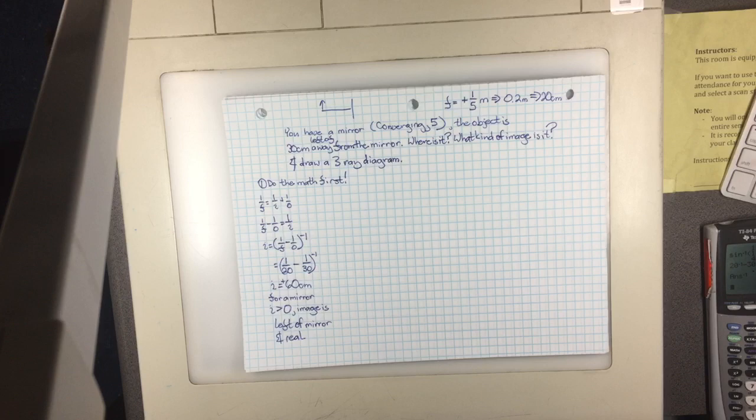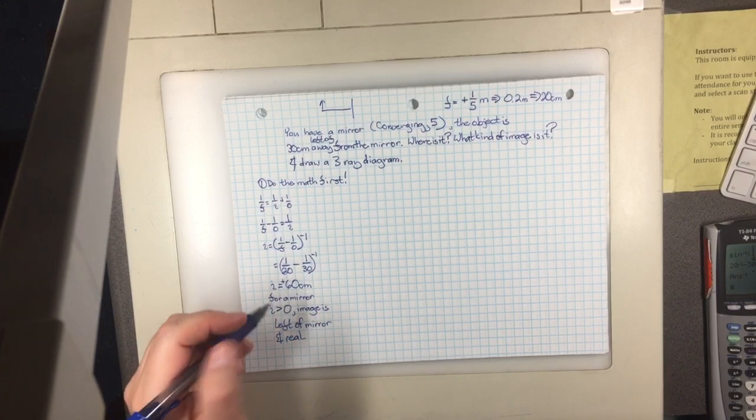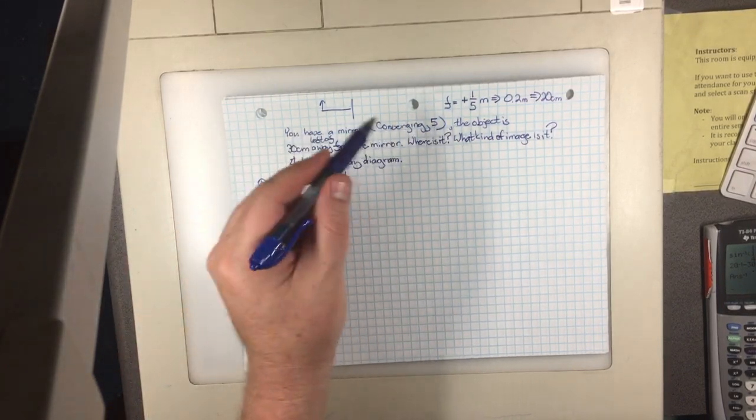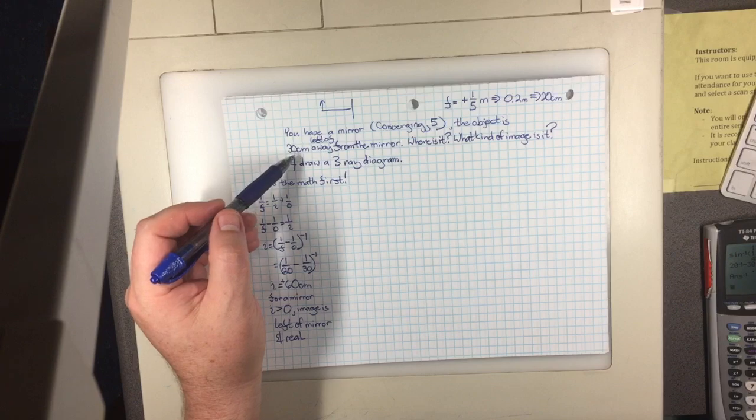It's a positive 60 image distance, which means the image is definitely to the left and it is definitely real. Real means that the real light rays pass through where the image is located. If it's a virtual image, we're talking about the dotted lines, the traceback rays. So we know where this thing is. The object is 30 centimeters to the left.